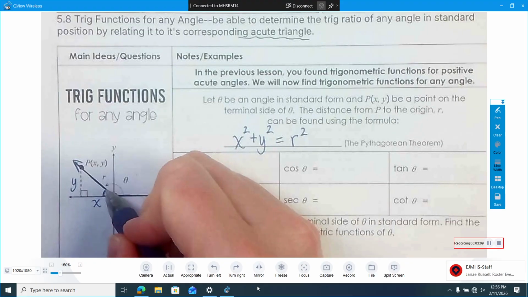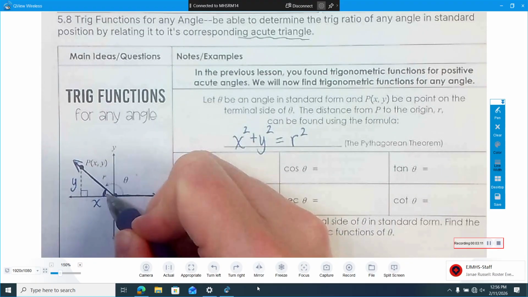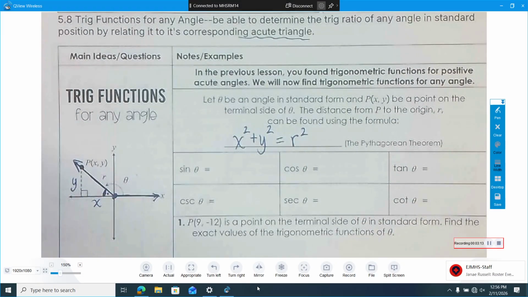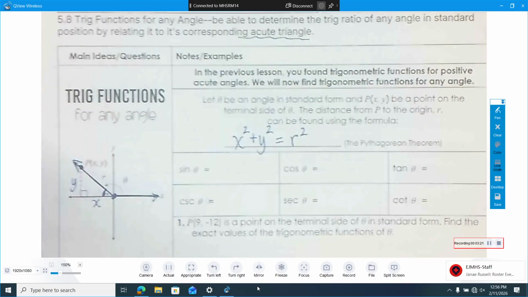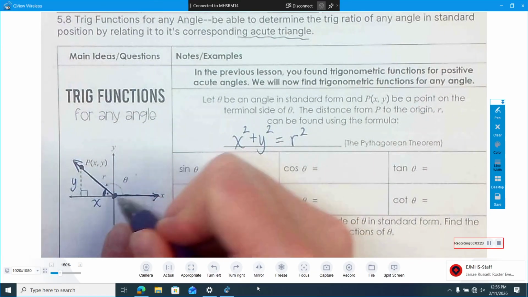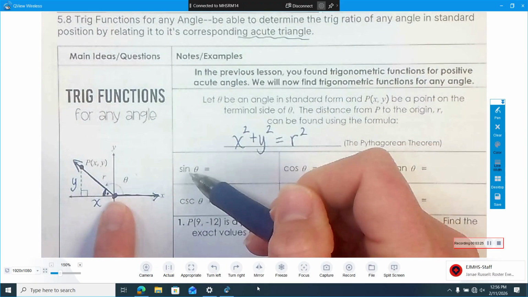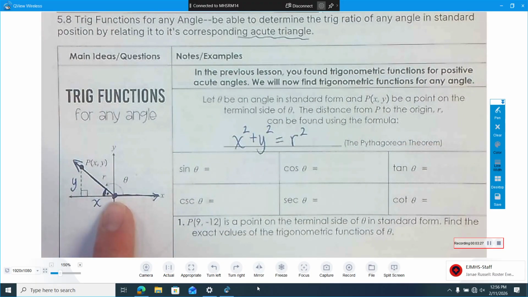Now, if we're looking from this little reference angle, that little acute angle, we can also find all of our trig ratios. So if we know each side, I can find all my ratios. So looking from my reference angle right here, what would the sine of that reference angle be?